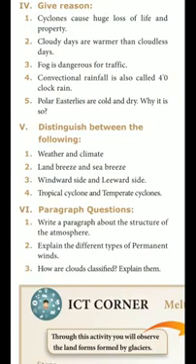Explain them. 186, 187. Fourth question, how are cyclones formed? How are they classified? Page number 185, 186. Fifth question, explain the different forms of precipitation. Page number 187, 188.